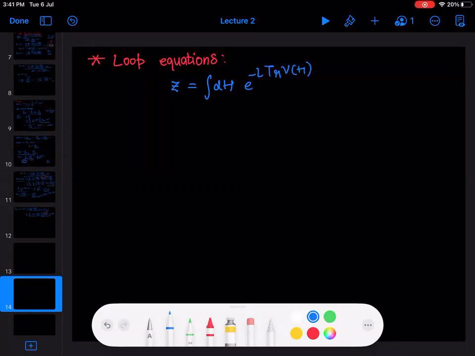Now, I'll say that my h goes to h plus some epsilon h to the power k, and I demand that my integral is invariant under this transformation.